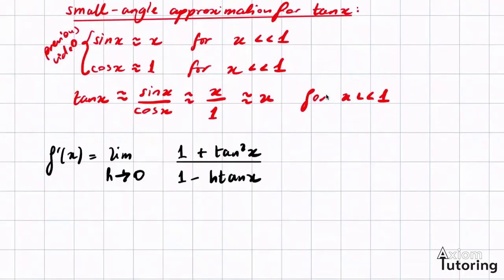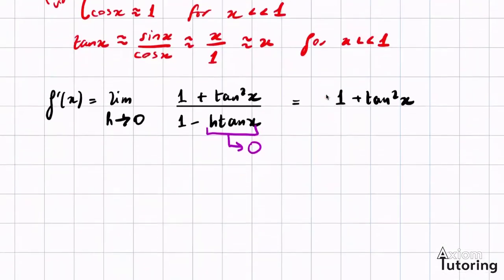But of course, h is tending to 0, so this term here actually goes to 0. And so what we're left with ultimately is 1 plus tan squared x over 1, so we can just write that as 1 plus tan squared x.